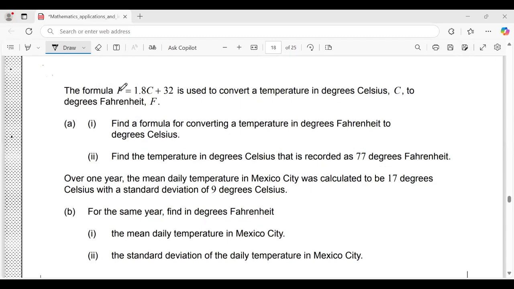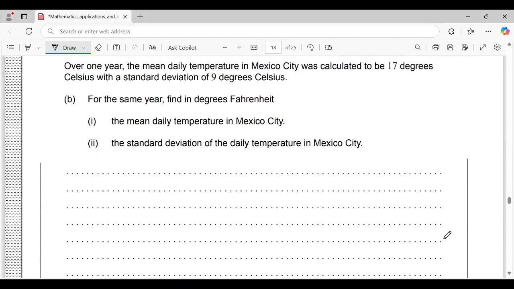The formula F equals 1.8C plus 32 is used to convert a temperature in degrees Celsius C to degrees Fahrenheit F. Find a formula for converting a temperature in degrees Fahrenheit to degrees Celsius. The Fahrenheit formula is F equals 1.8C plus 32.